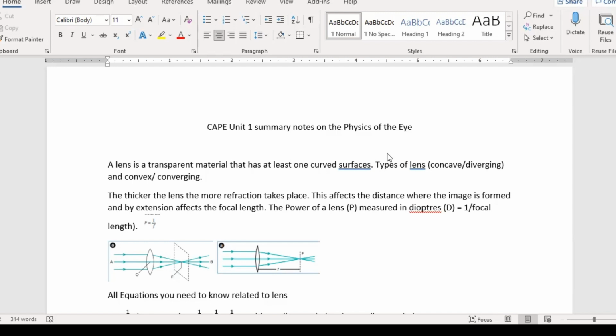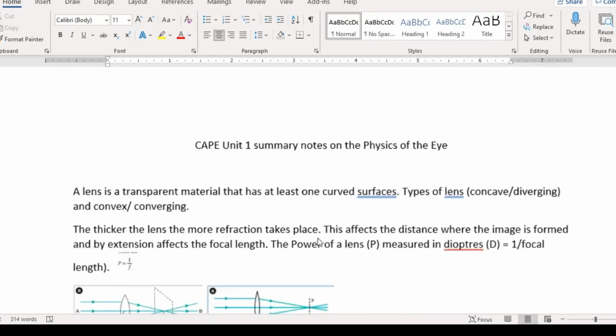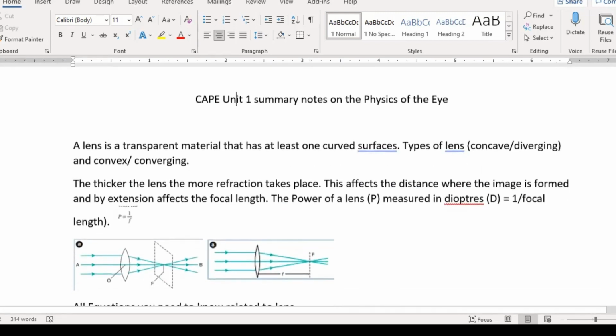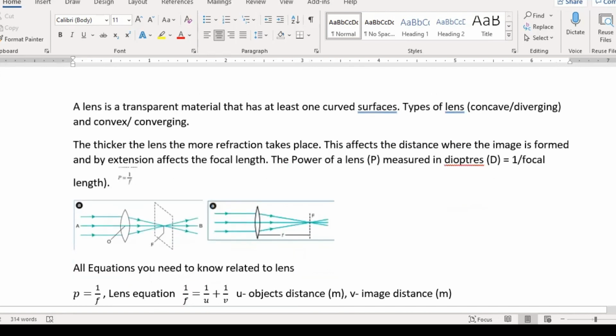How we find the power of a lens is just 1 divided by the focal length, and I'll show you where the focal length is. So if you want to find the power of a lens, make sure you know the focal length.